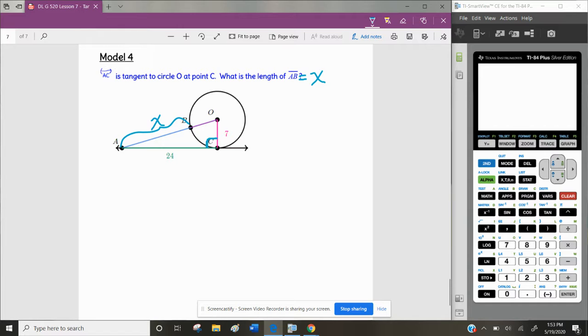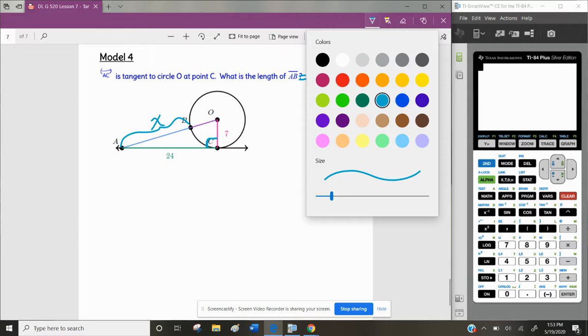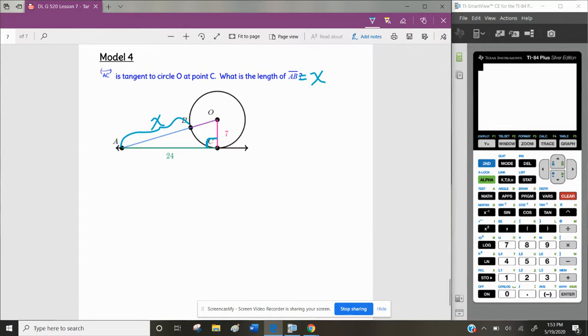And how are we going to do that? You have 2 ways that you can think of this problem. One of them is to find all of AO first. So what if I found all of AO first? Let me call that W. And then I can subtract off this 7 here, because I know this is a radius and this is a radius, so they will be equal.